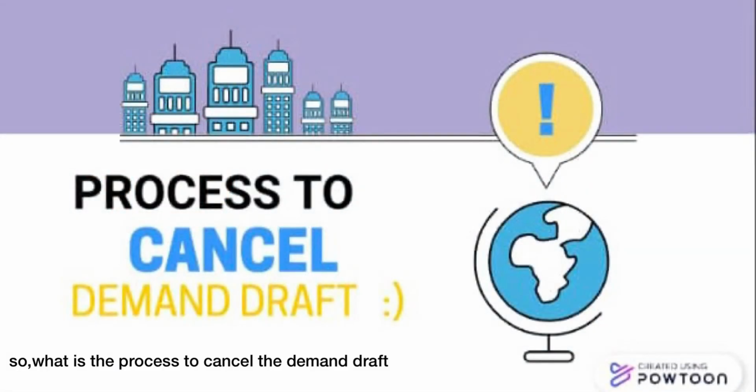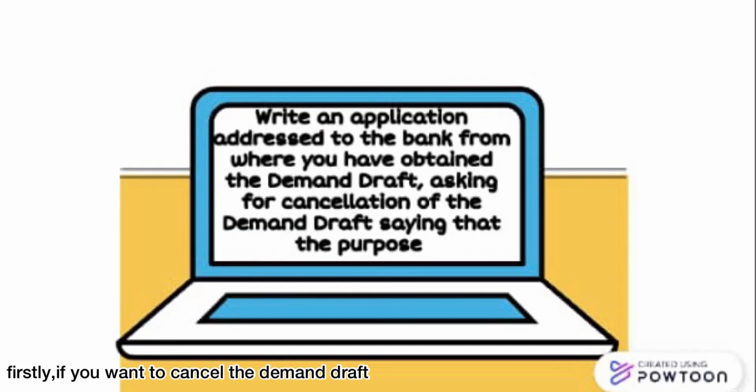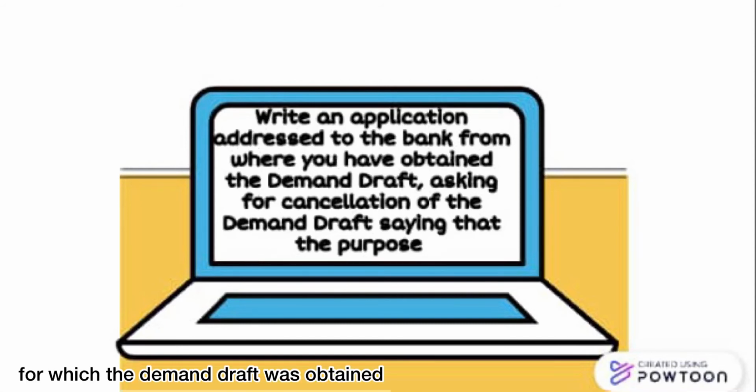So, what is the process to cancel the demand draft? Firstly, if you want to cancel the demand draft, you need to write an application addressed to the bank from where you have obtained the demand draft, asking for cancellation of the demand draft, saying that the purpose for which the demand draft was obtained could not be served.